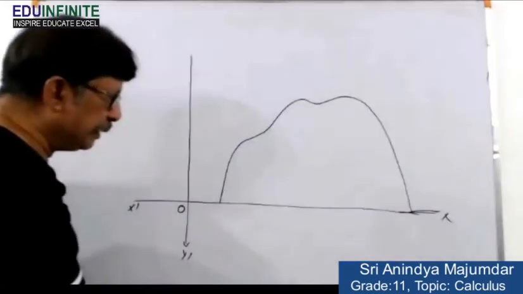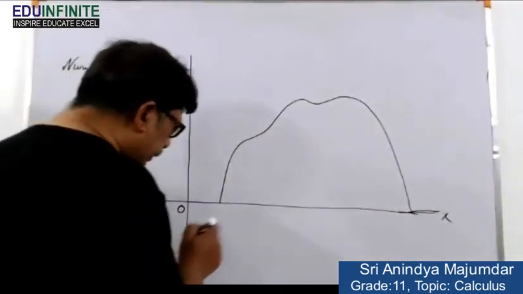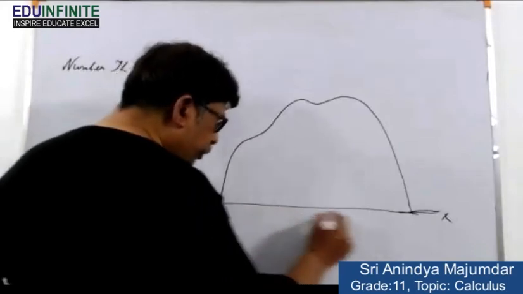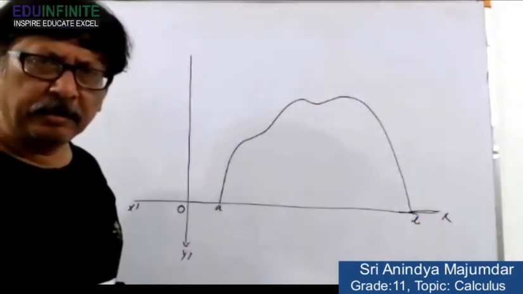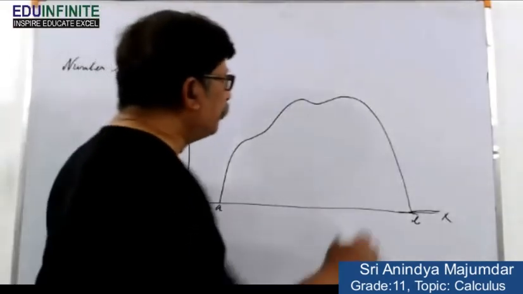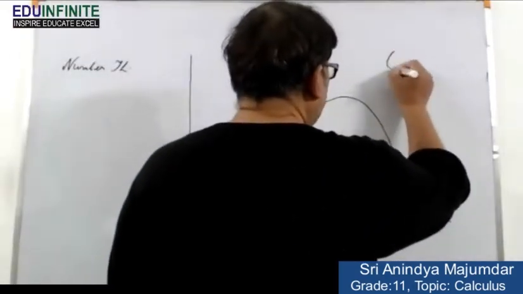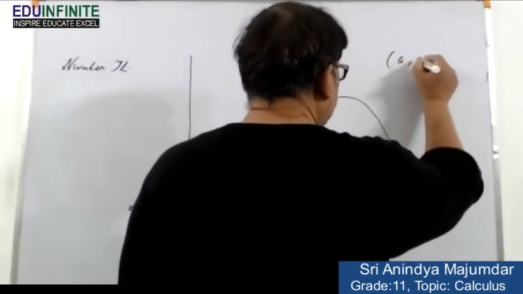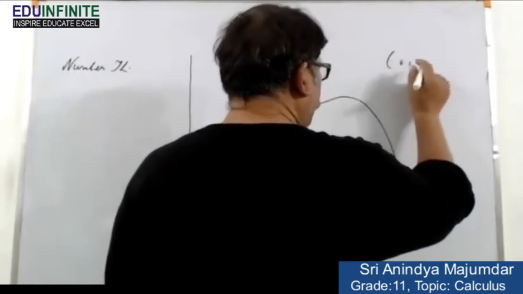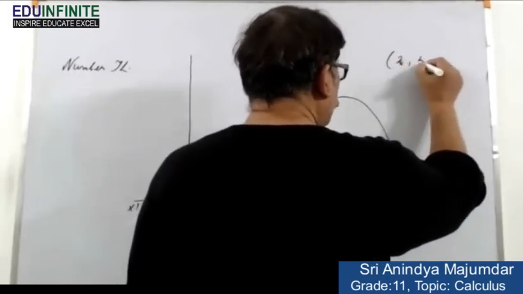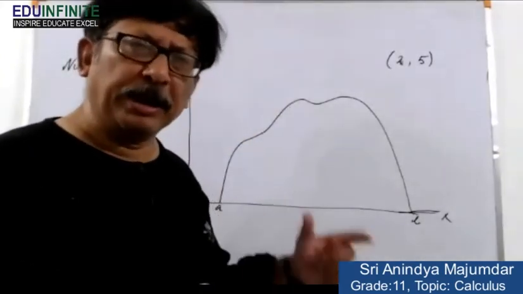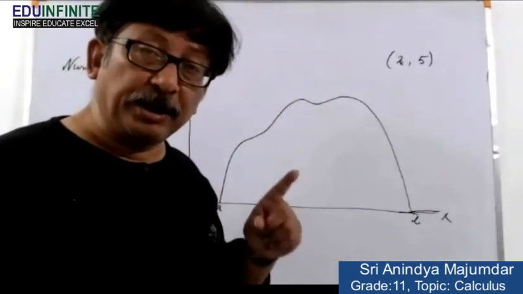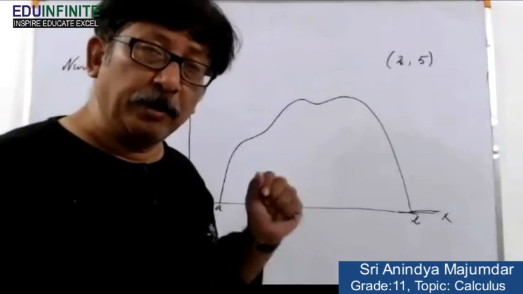Second thing, this is a part of, say, A to B. It is an interval. You know there are three types of intervals. One is the open interval. If I use numbers, it will be easier. 2 to 5 means all the real numbers between 2 and 5, excluding 2 and excluding 5.